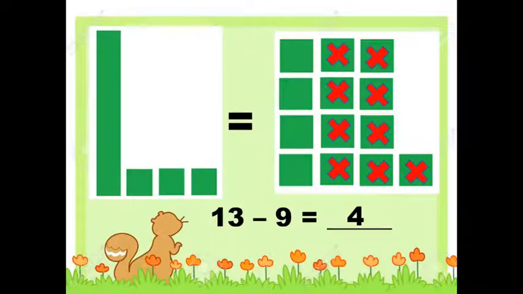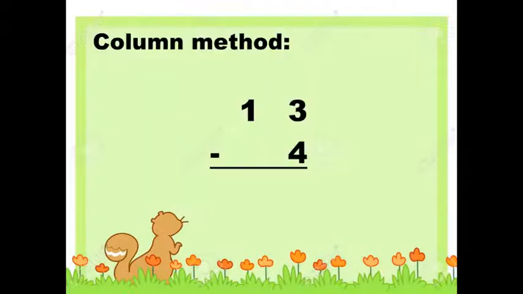Are you still in doubt with your answer? Let's check your answer if it is correct using the column method. Again, when we are using the column method, we start by subtracting our ones place value. 3 minus 4. Can we subtract 4 from 3?